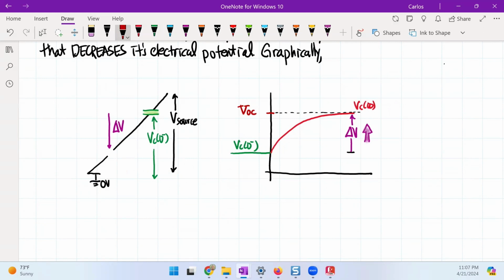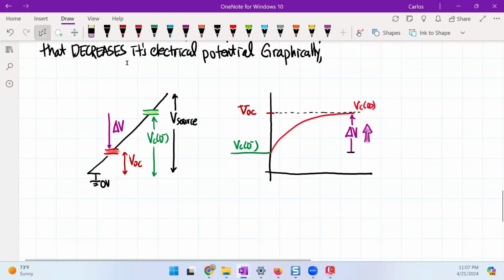And then the capacitor that has discharged, this guy is VOC, and we're measuring from the ground, which I did not put very nicely.